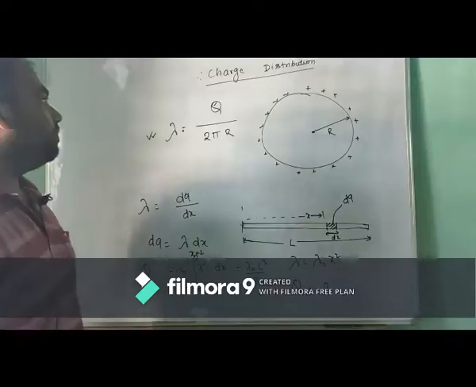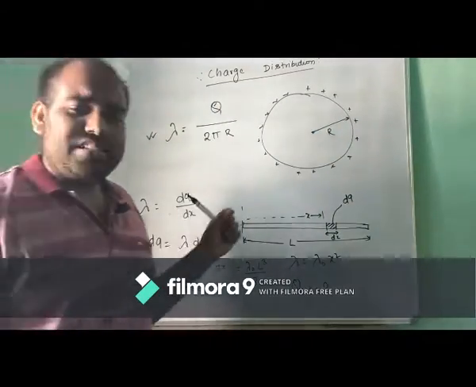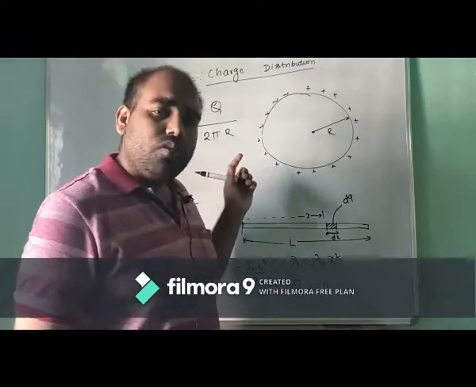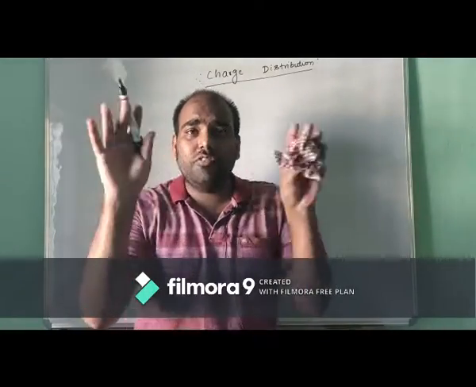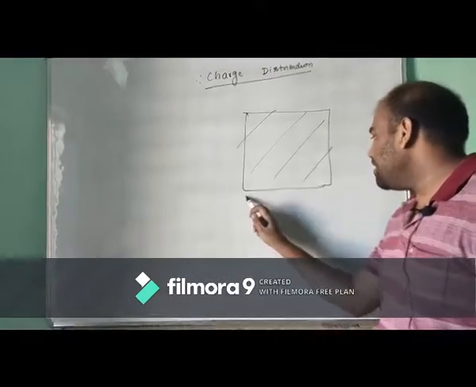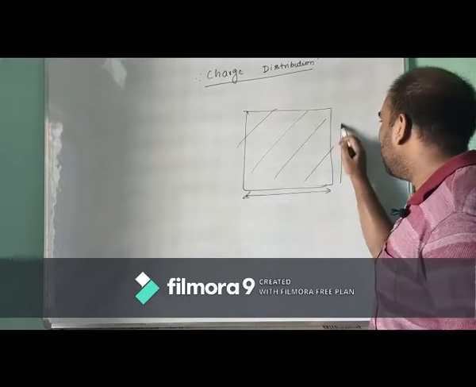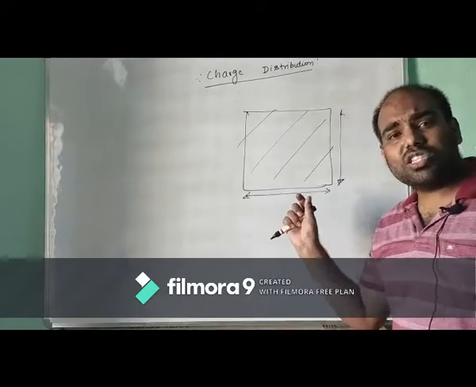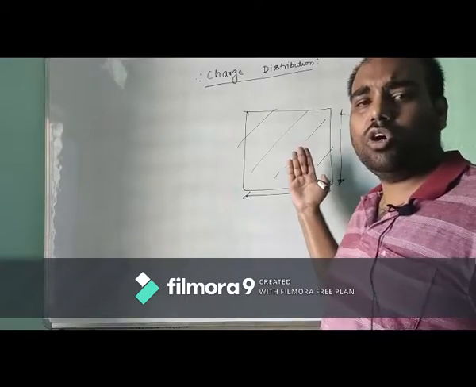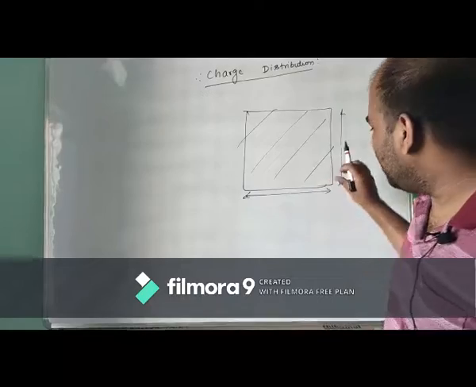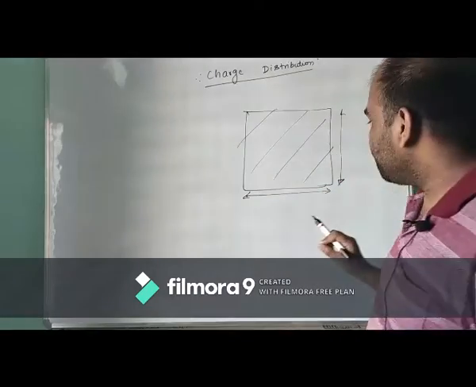Now we have understood the linear charge density. Now let's understand the surface charge density. You may have seen a disc, a circular disc or a plate. In that plate, the dimensions are along the length and the breadth, and in the z direction, perpendicular to this board, there is virtually no thickness.